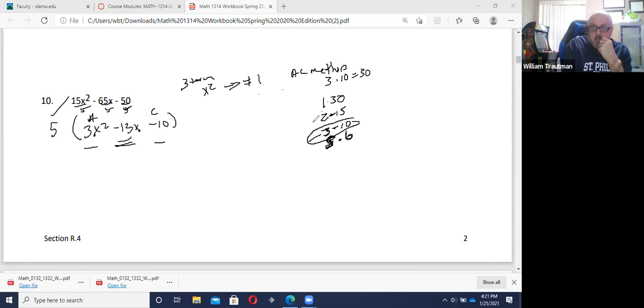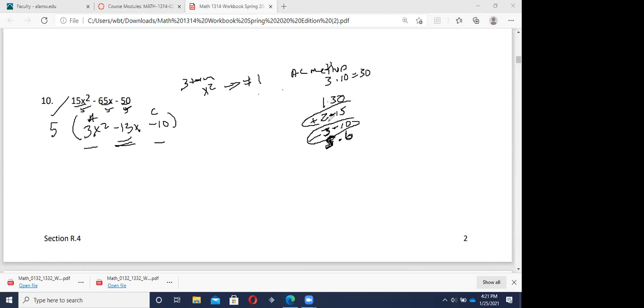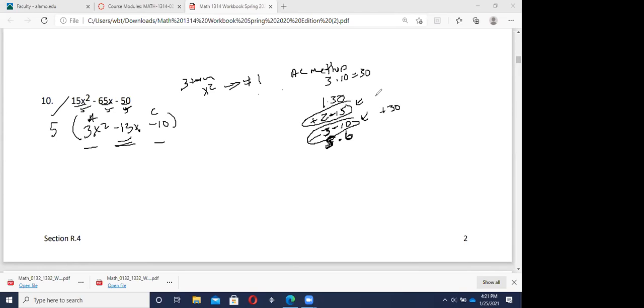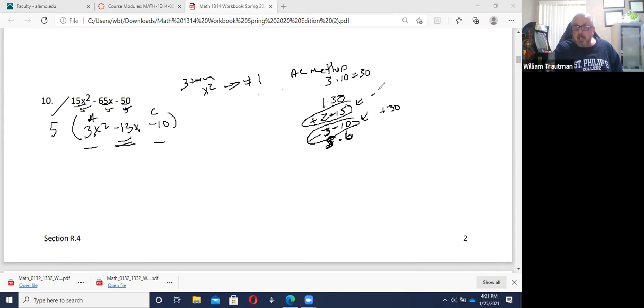Negative 15 and a plus 2. Oh, that's a good one. So this has 2 possible answers. But when you multiply these 2 together, what do you get? Positive 30, correct? And when you multiply this together, you get negative 30. Our last number is negative.